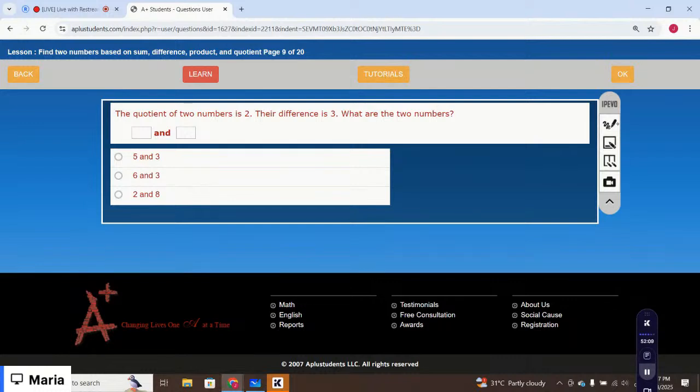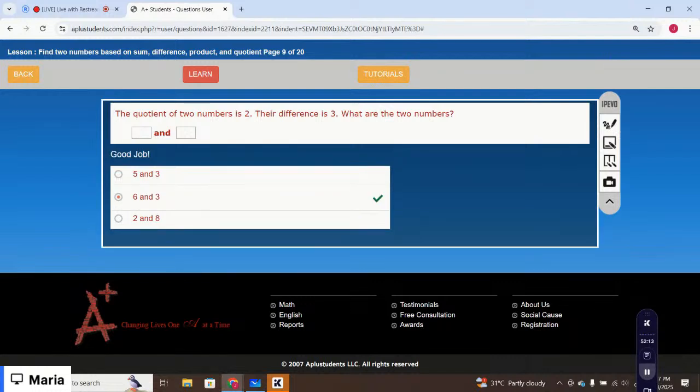When you divide 6 by 3, the answer is 2, and their difference is also 3. Option number 2 is the correct option.